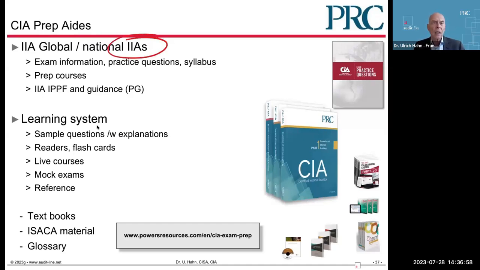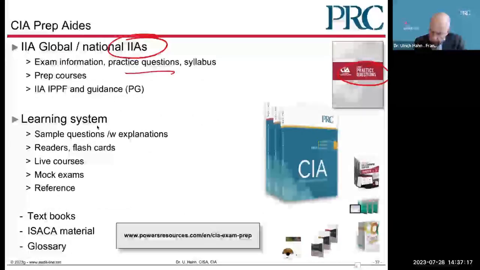You can register there. Sometimes they have people you can contact to get information. There are some practice questions from the IIA, but actually they are not too many, 325. You can use them, but typically these questions are also in the learning systems.